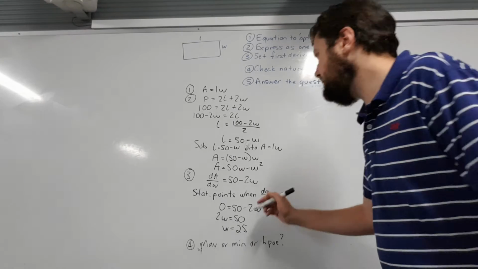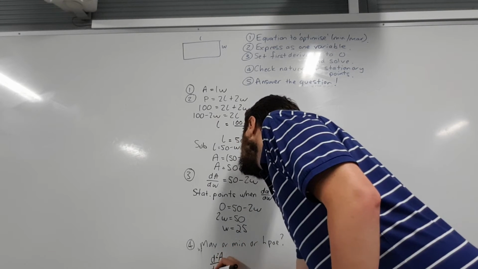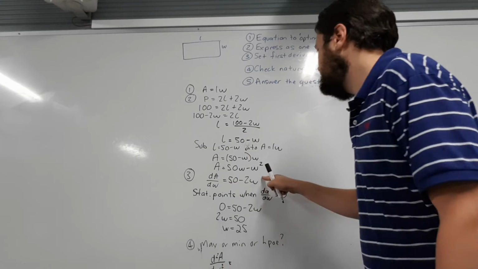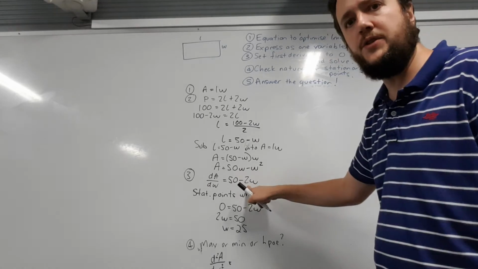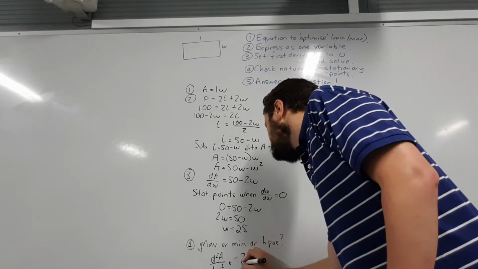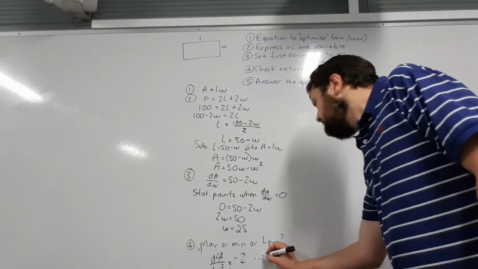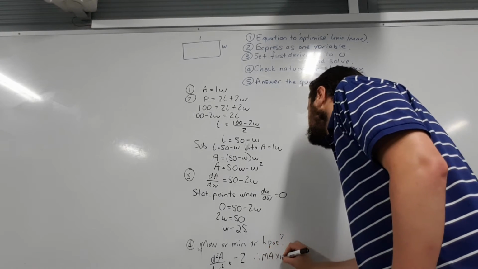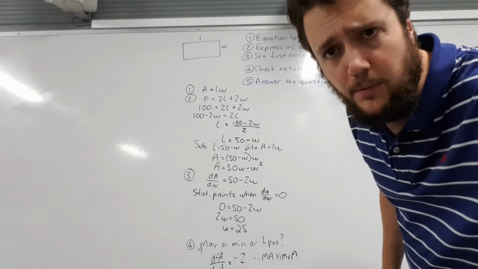So I had the first derivative, second derivative, d2A/dW squared. Second derivative of that is merely, you lose the constant of 50, you're going to be left with just negative 2. Negative 2, a negative second derivative, means a maximum, which is good because we wanted to maximize the area of the chook pen, not minimize it.